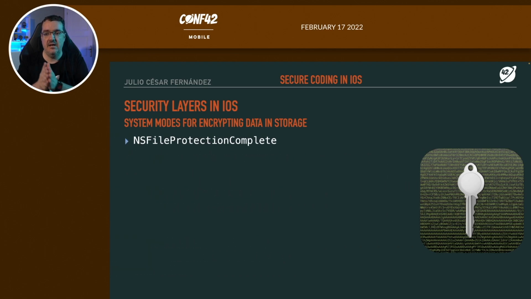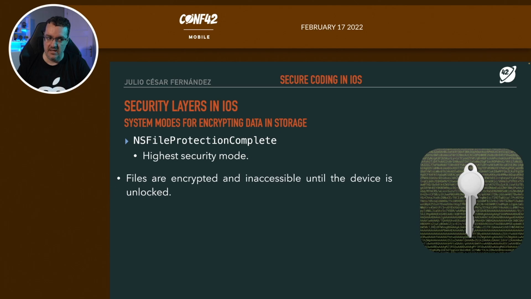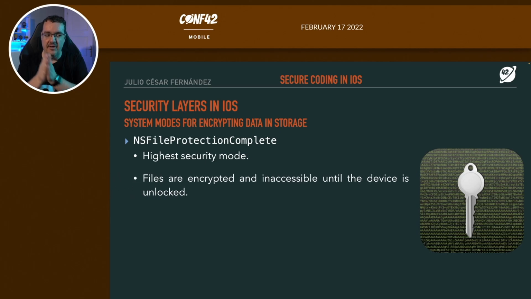And the perfect method, the method I use for most of my data, is NSFileProtectionComplete. NSFileProtectionComplete is the highest security mode, okay? Files are encrypted and inaccessible until the device is unlocked, okay?